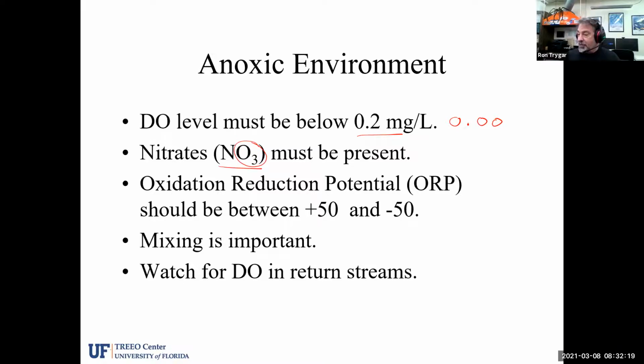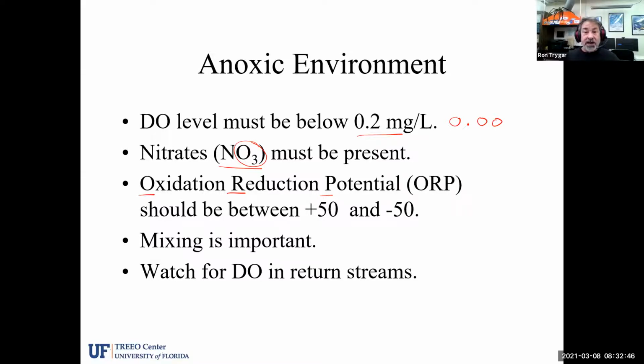And another term that we use in anoxic basins, and also in checking to see if we are in the actual anoxic range, is a measurement called ORP. ORP is oxidation reduction potential. It's the potential of the water or the mixed liquor or the environment that we're measuring to be either oxidative or reducive.